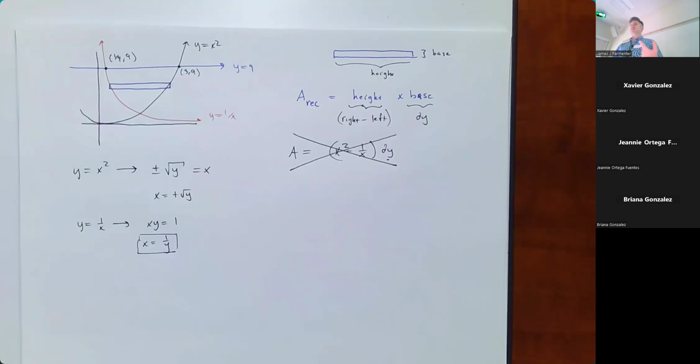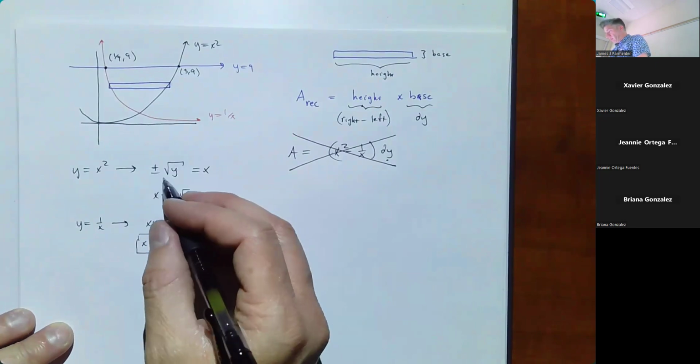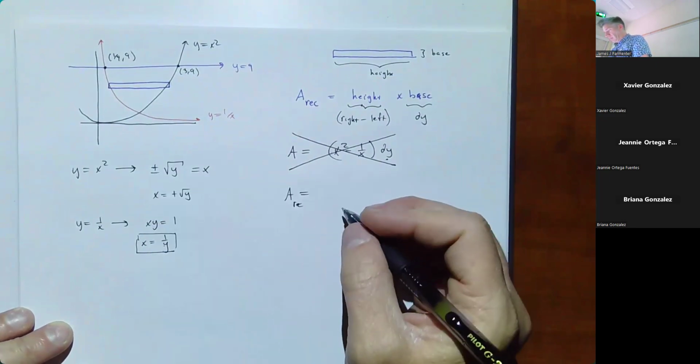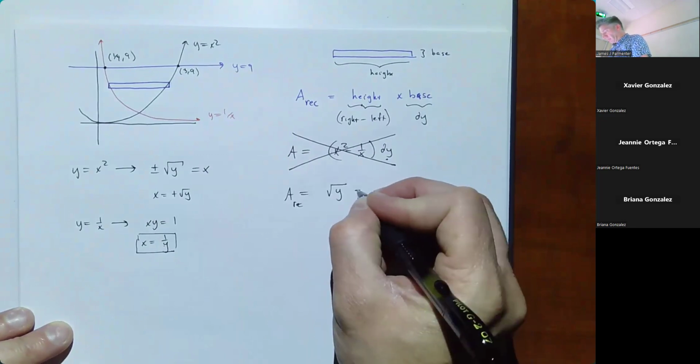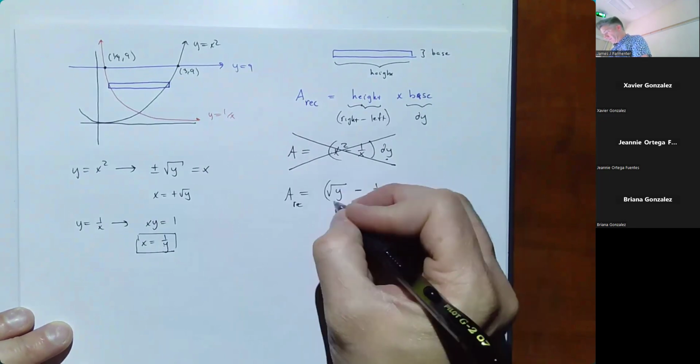Like if you compose 1 over x with itself, you just get x. It's kind of weird, but whatever. So here, x equals 1 over y is the left-hand side. So the area of our rectangle is going to be the right side, square root of y, minus the left side. I should say the right function minus left function times dy.